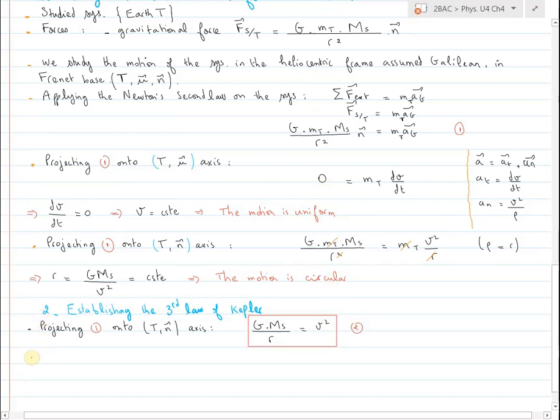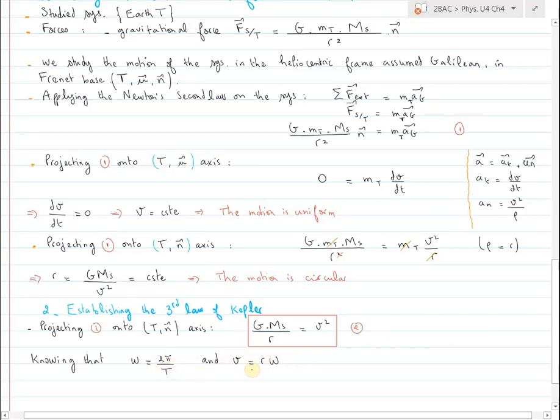And from the other side, knowing that omega, the angular velocity, is equal to 2 pi over T, the orbital period, and the linear velocity is equal to r, the radius of the orbit, times omega, the angular velocity.